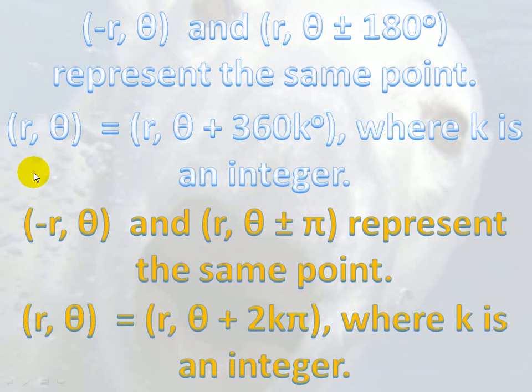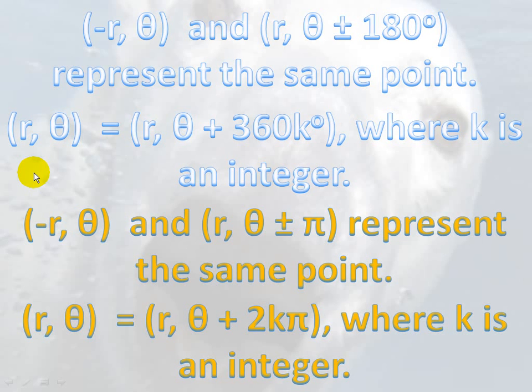Now, this brings me to this point. Remember that when you have a point and you're wanting to describe the location of the point using rectangular coordinates, there is a unique ordered pair that describes that point. Well, that's not the case with polar coordinates, because these thetas all have coterminal angles.